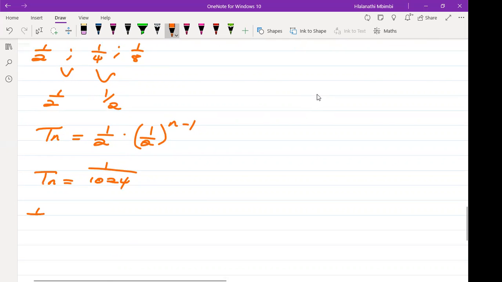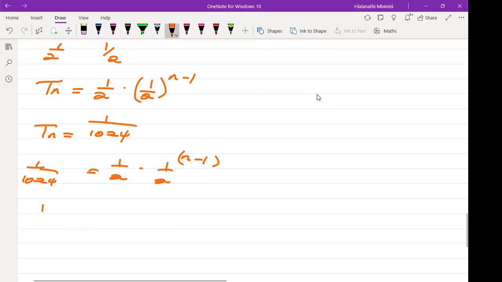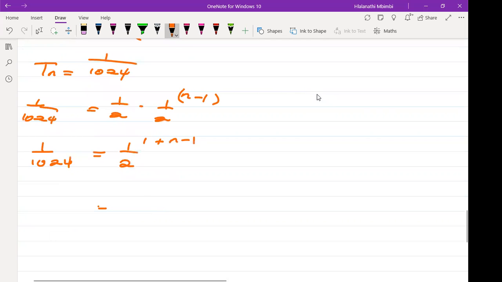If we say that would be equal to 1/2 times 1/2 to the power n minus 1, then we can solve this. Oh my good gracious me, I don't even have a calculator with me. Anyway, you can see these are the same base, so you can pretty much add these. This is 1/2 to the power 1 plus n minus 1. So luckily for us, we have 1/2 to the power n.